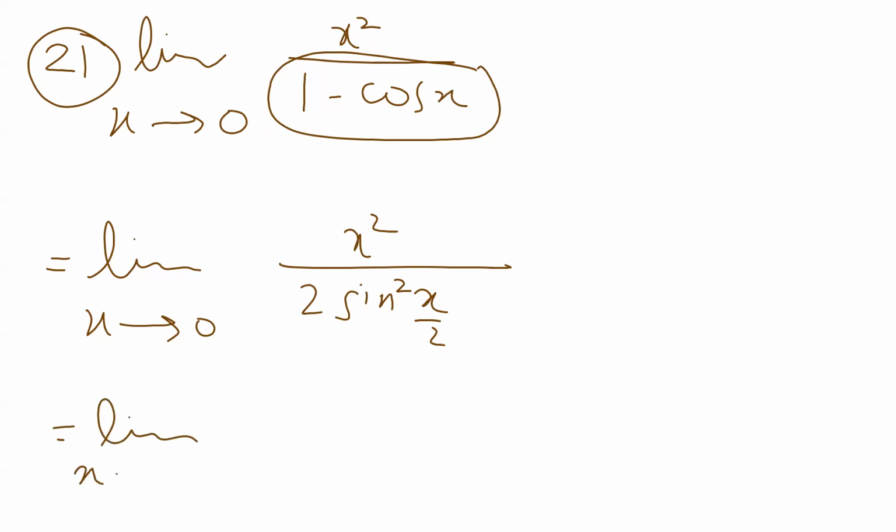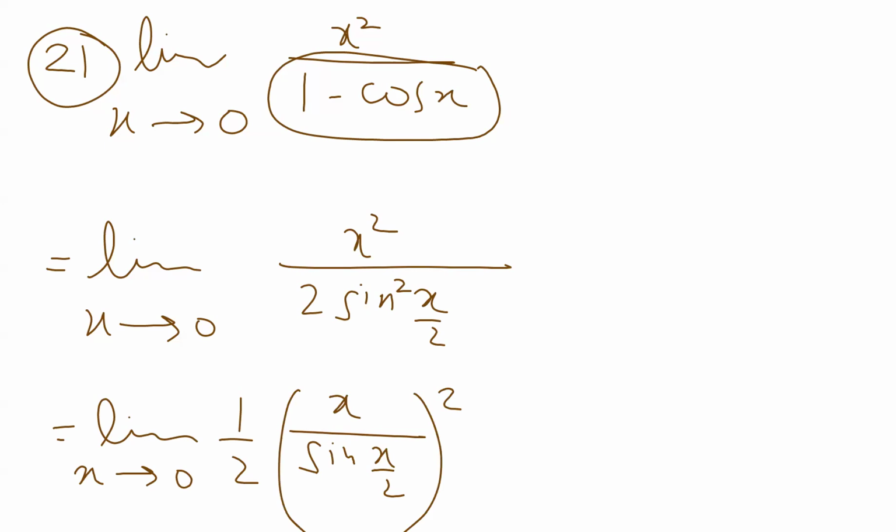Limit x approaching 0, half x upon x by 2 the whole square. Group the square terms. Now there is sine x by 2 down in the denominator.